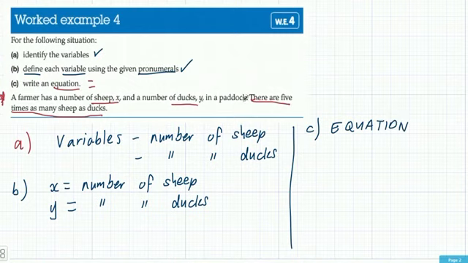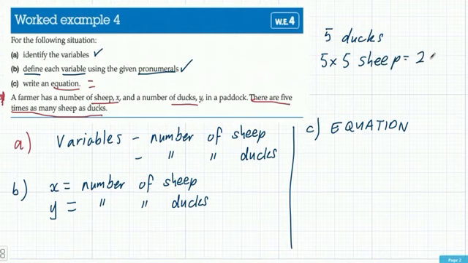So that's part B. Part C says to write an equation that represents this situation. It says there are 5 times as many sheep as ducks. So imagine in your head you had 5 ducks. It says there are 5 times as many sheep, so if you had 5 ducks, you should have 5 times as many sheep, which is 25 sheep. So now what we can think about is the number of ducks to the number of sheep.